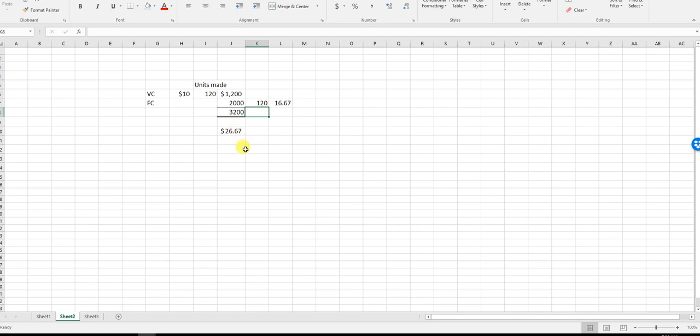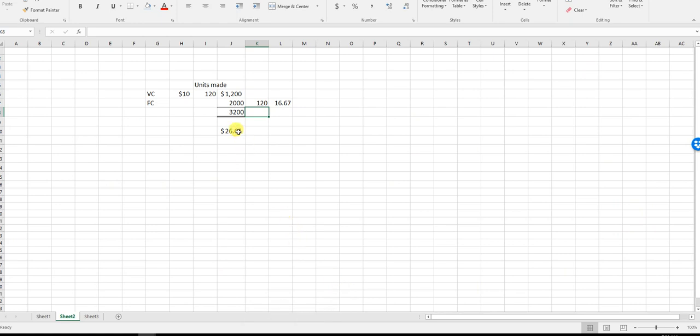So the point of this particular statement, interpret unit costs cautiously, has to do with this: if you only utilize this number in your analysis, you will miss something. Let's say now I want to make 130 shirts.